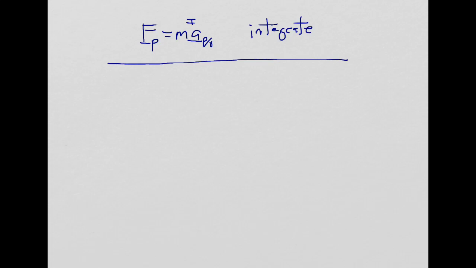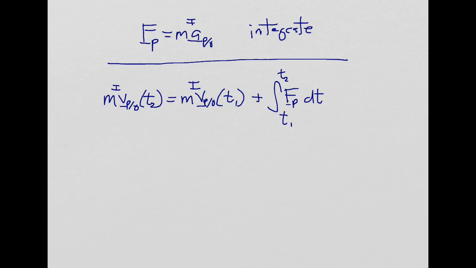In the last section, we took F equals ma and converted that into momentum. So we came up with this relationship that was based on the idea that we're going to take our force and integrate it with respect to time, and it gives us a change in velocity.